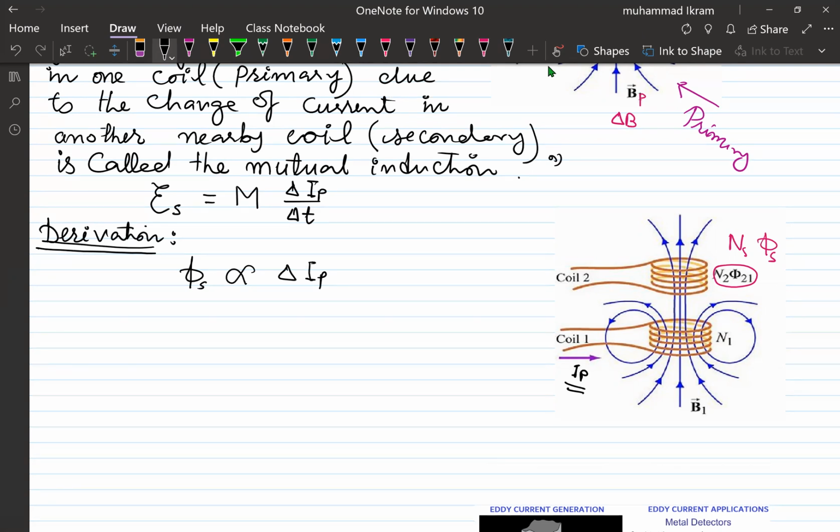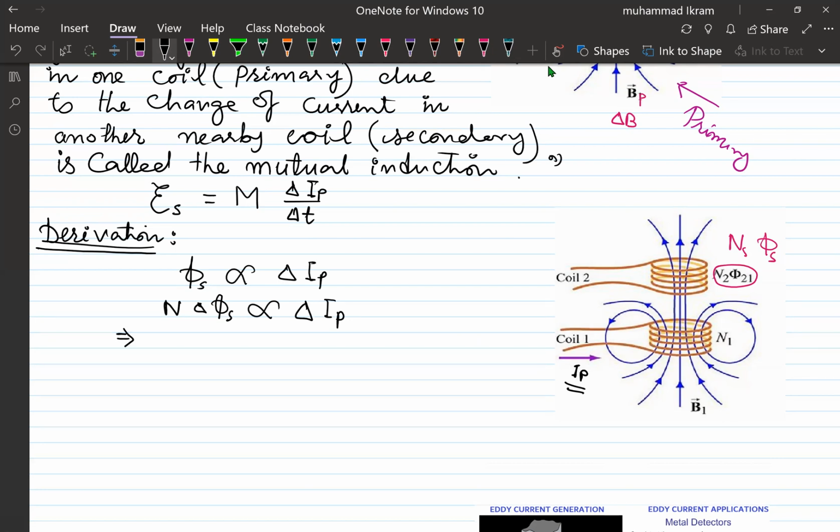If there are more than one turns in the secondary, then the flux through the secondary will increase by N times, because we increase the number of loops. So this is our equation number one.